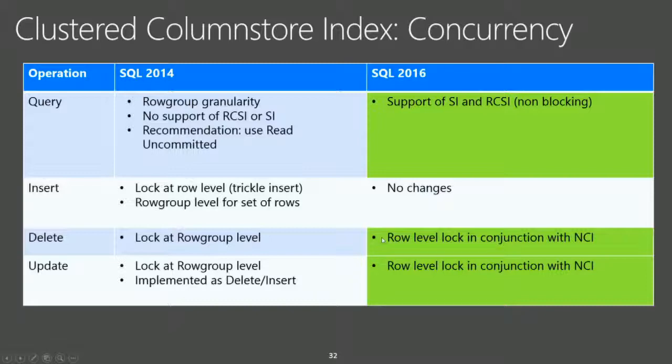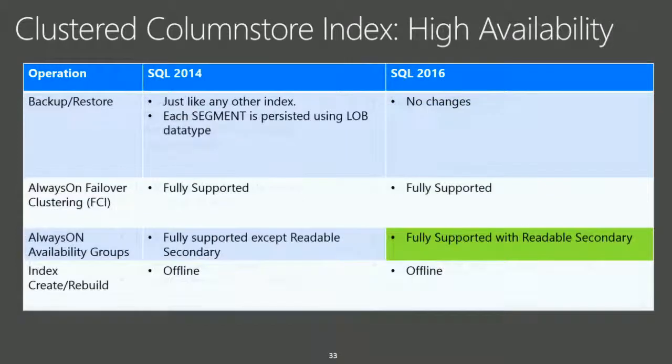And we talked about row level locking because of the B-tree. That is there. The last thing is that in a clustered column store index high availability scenario, you could not run your reporting workload on the secondary. This was a limitation in 2014. Now with 2016, because we have snapshot isolation, you can offload your reporting workload to the secondary.